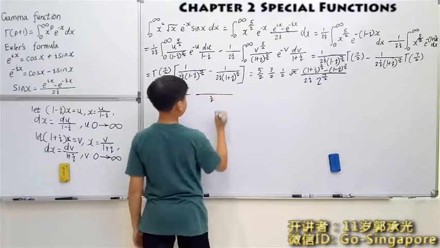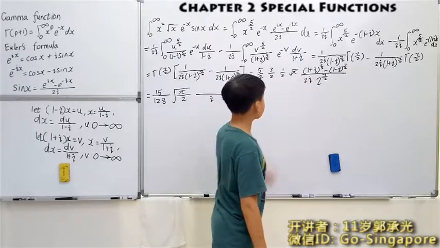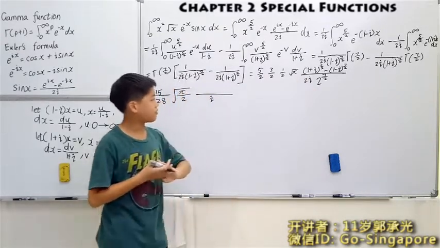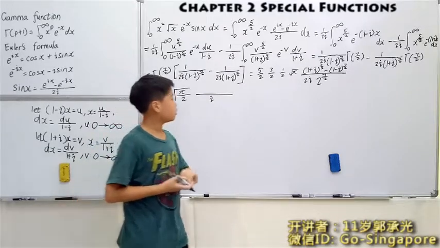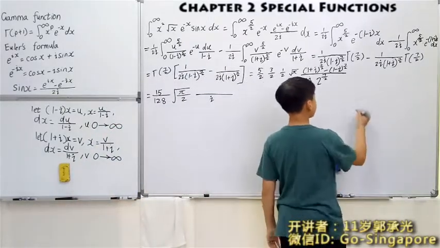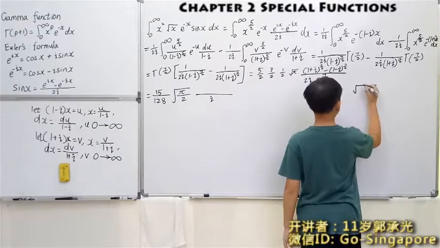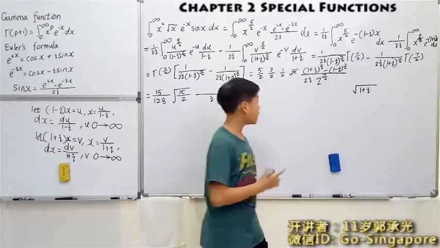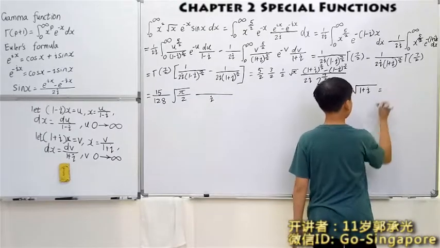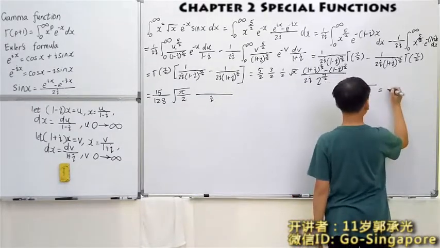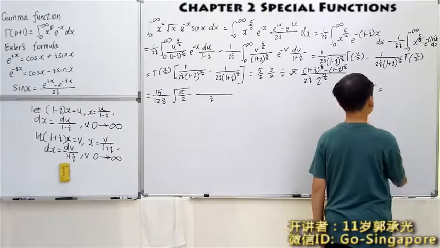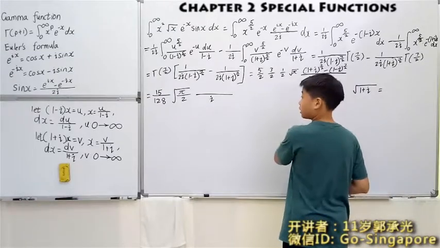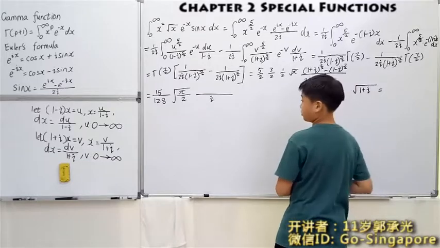But then at this part, it's a little bit tricky to solve. We can take out a square root 1 plus i, a square root 1 plus i, so that it will be equal to, wait, let's first think, can we use anything from here?